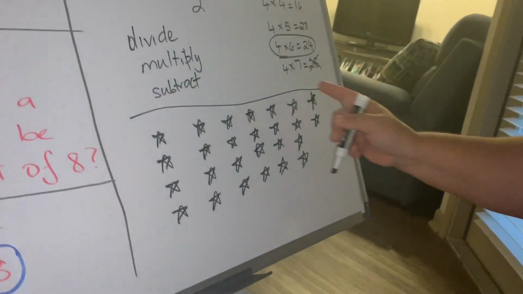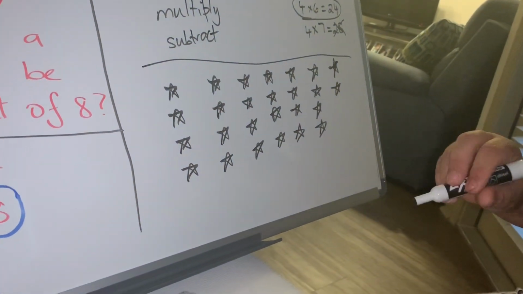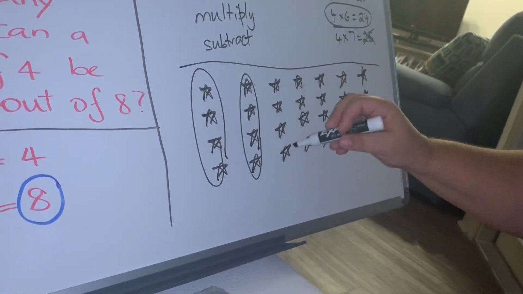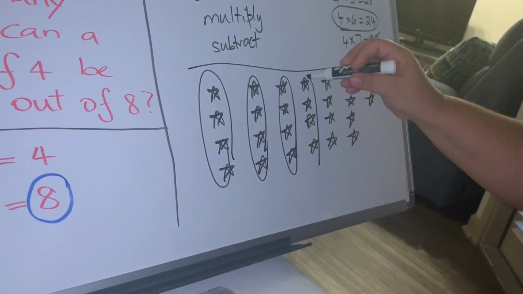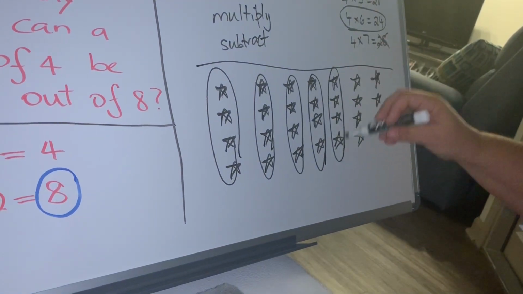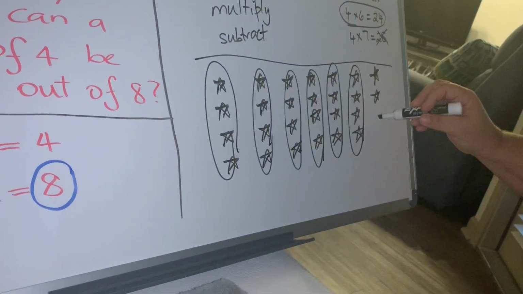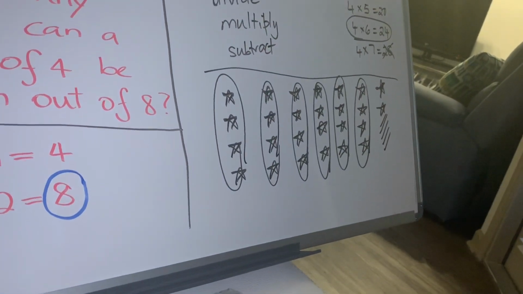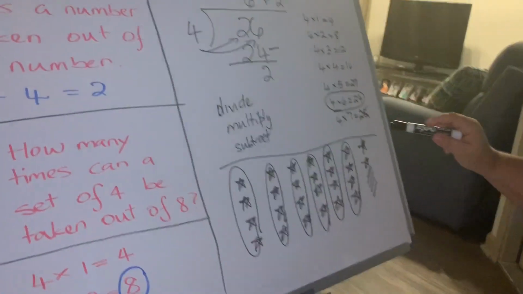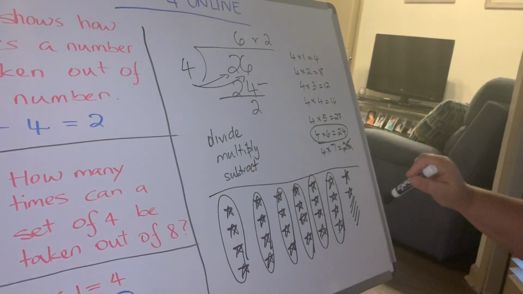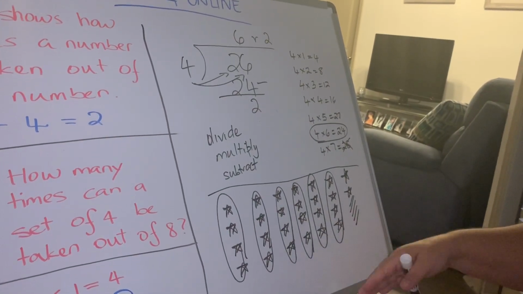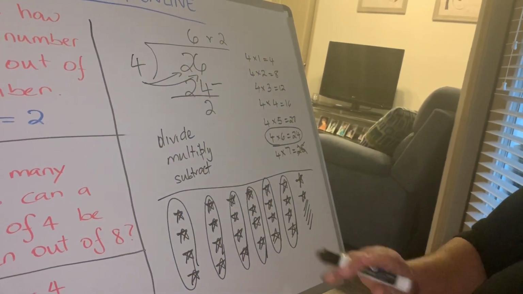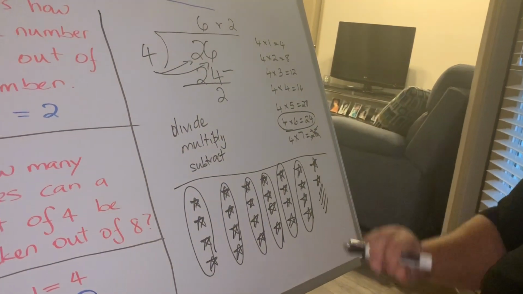So I now have 26 stars on the board. I can get 1 set of 4, 2 sets of 4, 3 sets of 4, 4 sets of 4, 5 sets of 4, 6 sets of 4, and I have 2 remaining. These 2 are not enough to make a 7th set of 4. So we have to have a remainder. There's a surplus. And really and truly, guys, this is what long division is all about.